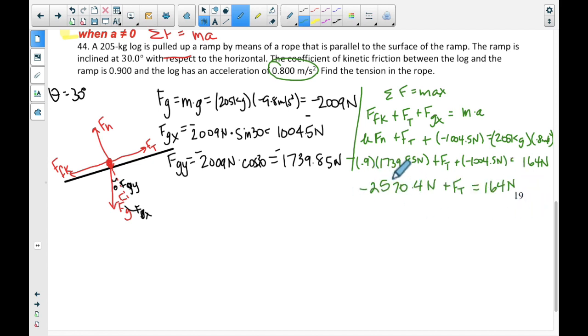So I multiplied that and I added it to 1004 and I got 2,570.4 newtons plus the force of tension is 164. So in other words, I need to add that 2,570 newtons to the other side. And so when I add that over, I get 2,734.36 newtons.